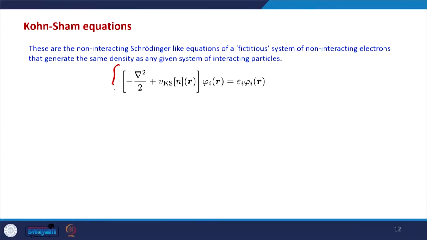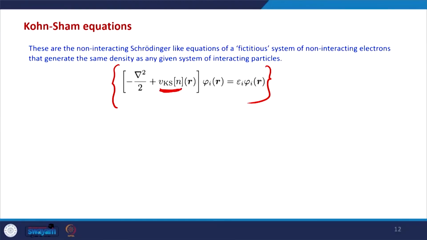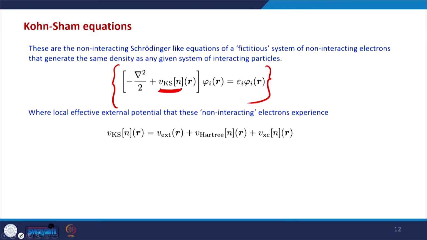So the interacting electrons, by using the Hartree potential, can be considered non-interacting, and we can write down the Schrodinger equation for this fictitious non-interacting system, which is an approximation of the interacting system. But now the potential is modified by the Kohn-Sham potential, which is essentially the sum of the external potential, which is the electron-nuclear interaction, the Hartree potential, which is the effective potential arising out of electron-electron interaction, plus this exchange correlation term.